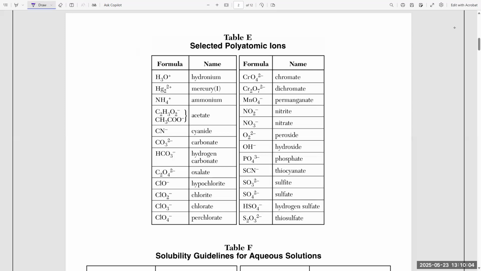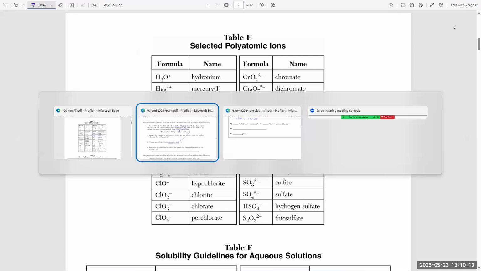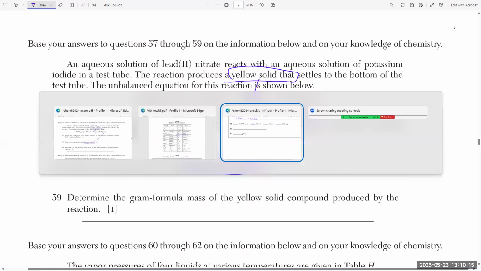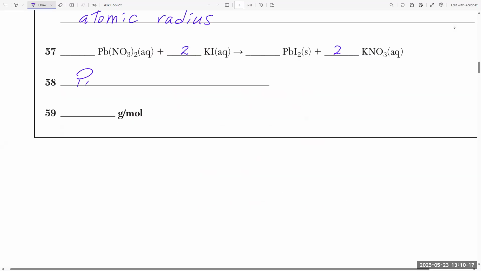NO3 is right here. It's nitrate. So it's potassium nitrate. So you would write potassium nitrate.